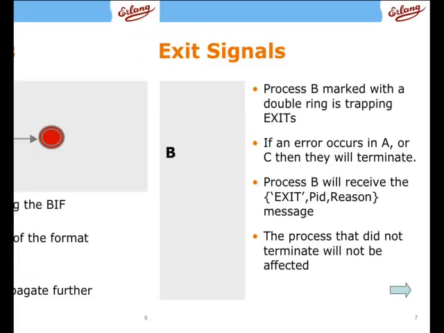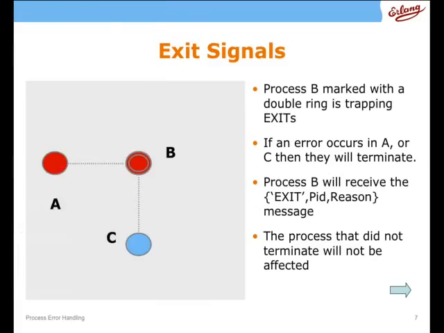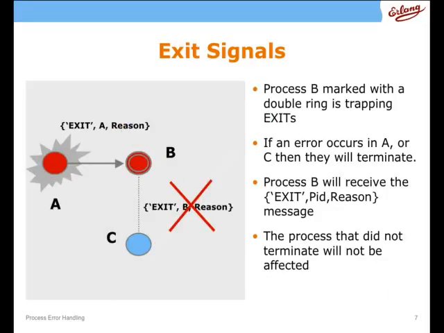So what we'll see in the earlier example, if A sends an exit signal to B, B traps it, and so the signal that would previously have propagated from B to C doesn't. And so what we see is that A has terminated abnormally, but B and C are still executing normally.